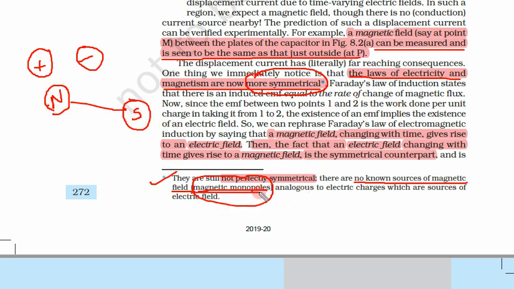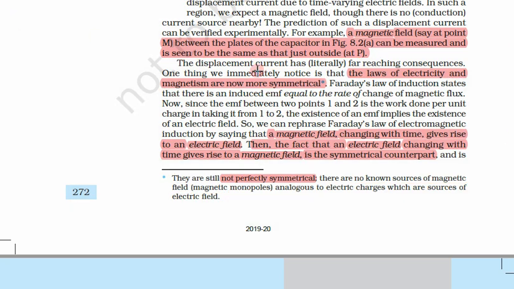So we don't have perfectly symmetrical rules because we don't have magnetic monopoles, but we have electric monopoles till now. So there are no magnetic monopoles analogous to electric charges, which are the source of electric field. So what is the source of electric field? Positive and negative charges. What could be the source of magnetic field? Magnetic monopoles, but till now we have not found them.